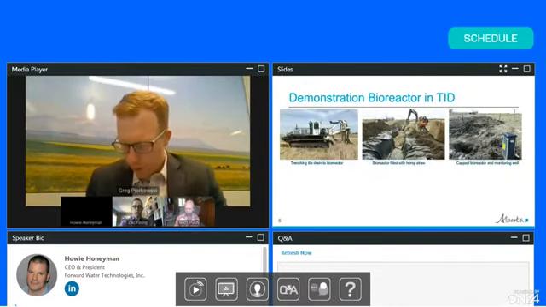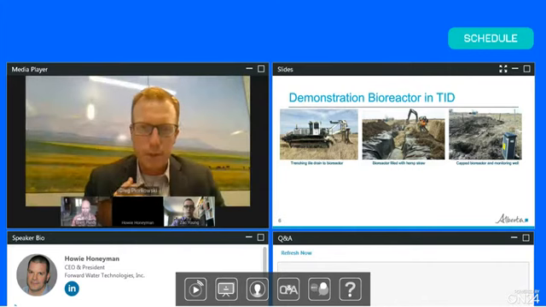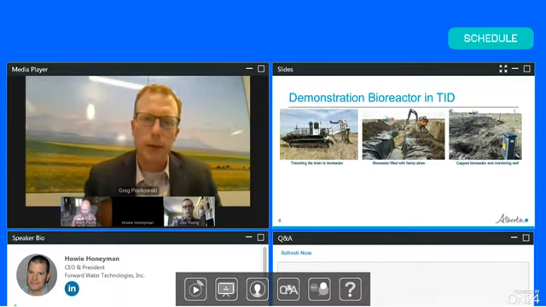From there, we worked with the Taber Irrigation District to install a bioreactor as a proof of concept. That involved diverting the tile drain from directly into the canal and then through a bioreactor. This middle picture really shows the concept: you have your line coming in, and it's effectively just a trench filled with organic material.